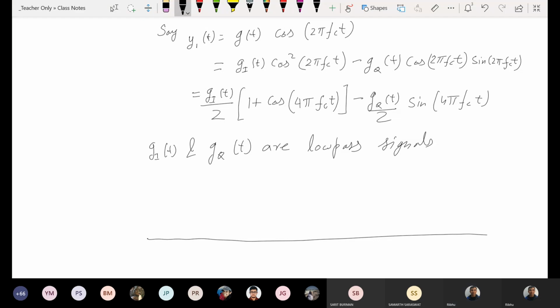So this is the magnitude spectrum of Y1(f). This is gI(f) by 2.